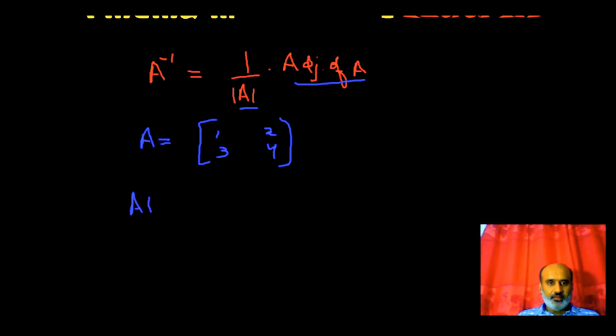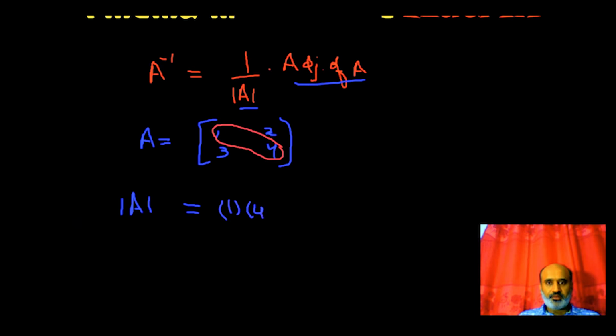The determinant of A. This is the mod bracket, the representation of the determinant. So how to find out the determinant? First of all, we need to multiply the diagonal. This is called the principal diagonal. So 1 times 4.